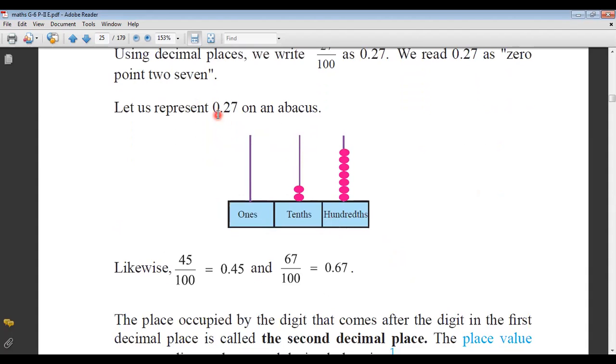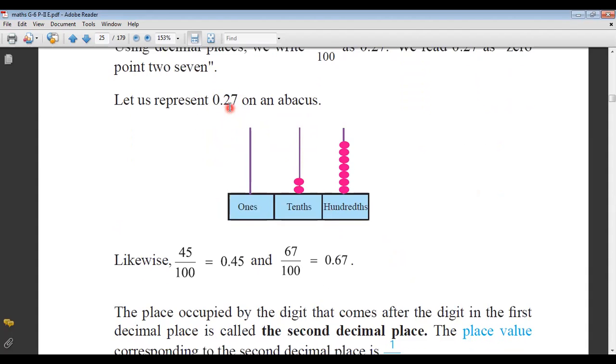This is the unit place, this is the tenth place, this is the hundredth place. There are no ones here, but there are 2 in the tenths place and 7 in the hundredths place. So this is the way you can place 0.27 on the abacus.